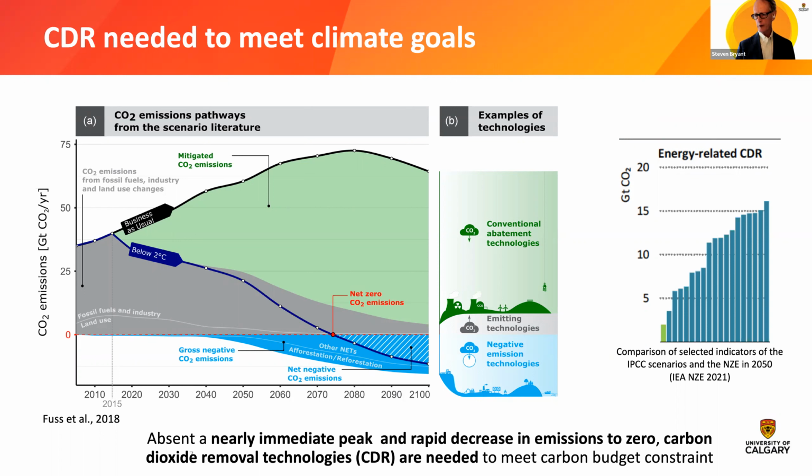That little green bar is an example of what happens when, as the IEA did for their NZE pathway, you try to minimize reliance on CDR. Even with attempting to minimize reliance, you still need a couple of gigatons a year of energy-related CDR in 2050. So, summary point: CDR needs to happen.